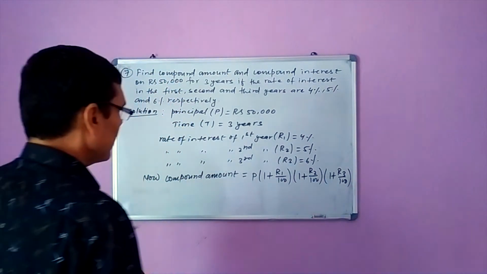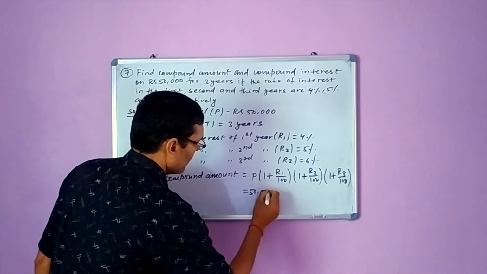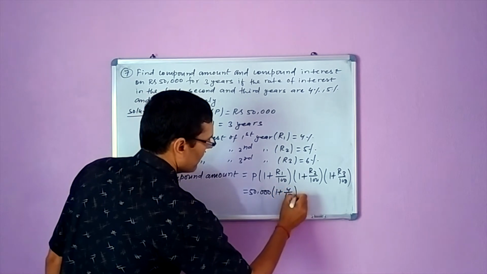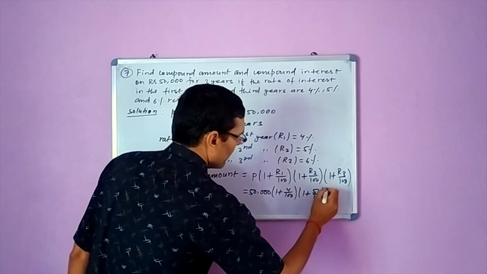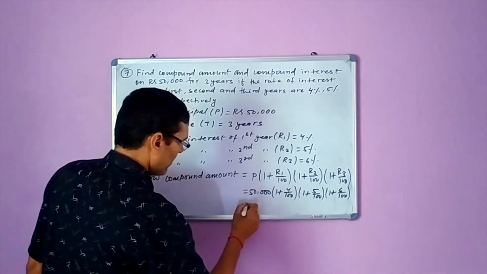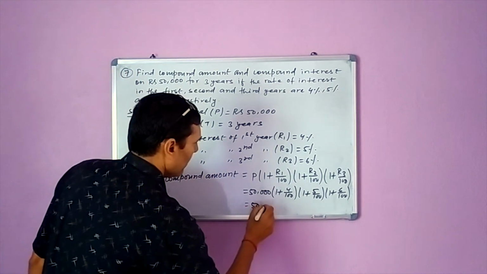Now putting the values, it is 50,000 times (1 + 4/100)(1 + 5/100)(1 + 6/100).